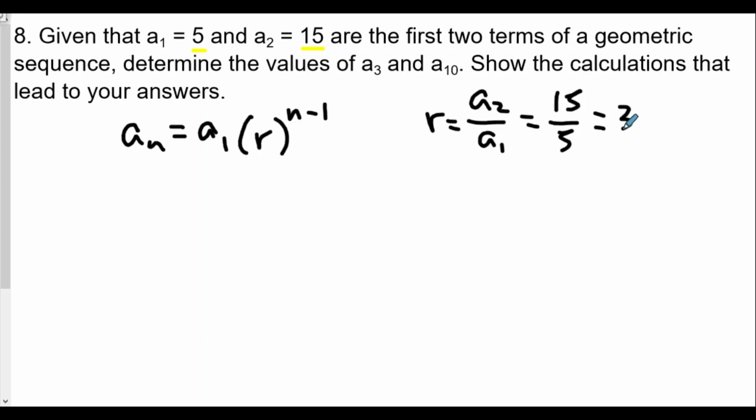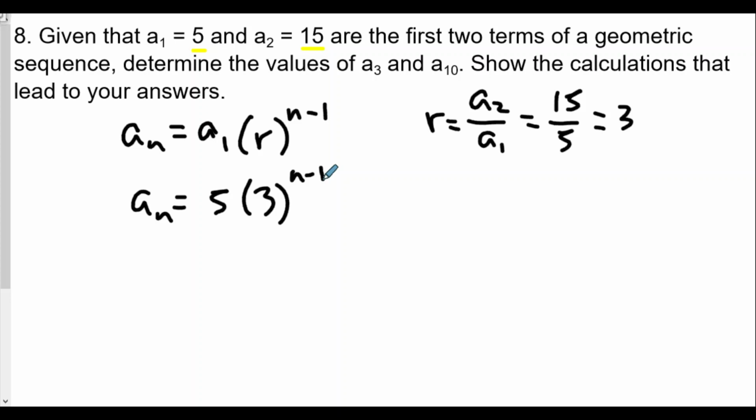Now we want to find our numerical terms. So the nth term is equal to our first term, 5, times 3 raised to the n minus 1 power. And that's the form we're going to use.